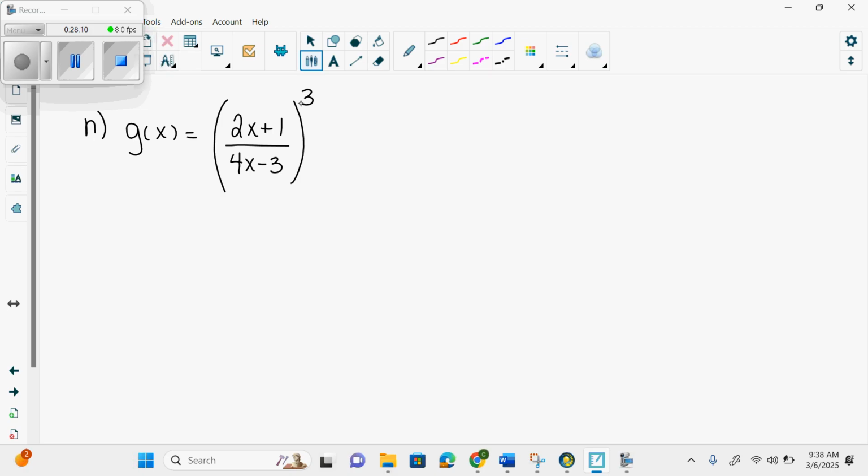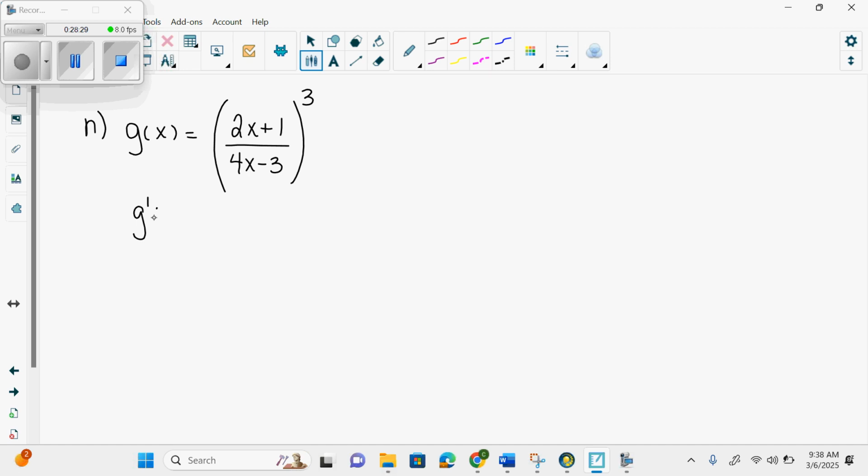So the previous question, quotient rule was the first thing I needed to do. In this question, what's the first thing I need to do? Chain rule. Because I have something cubed. We agree? So let's play along, and if we use our rules correctly, we know what we're doing here.